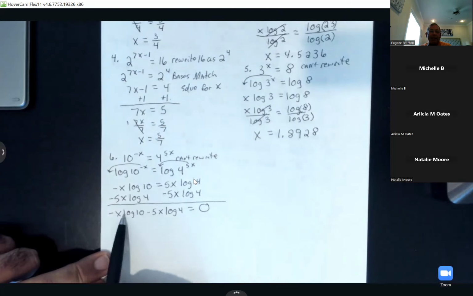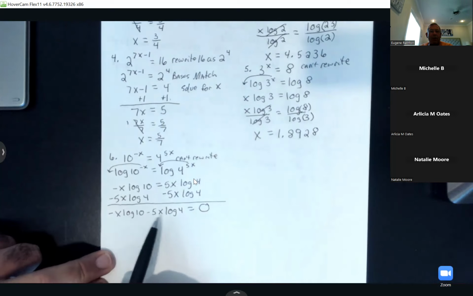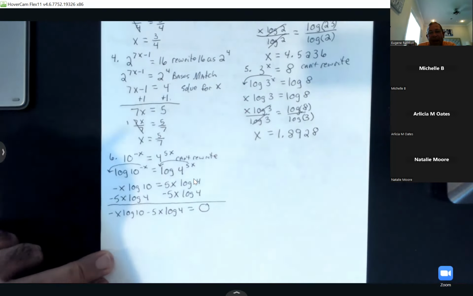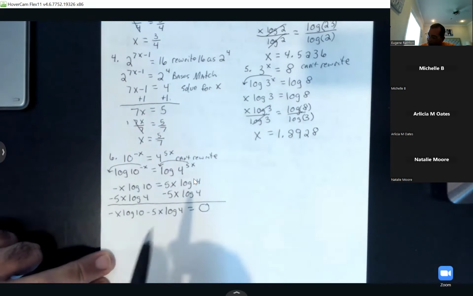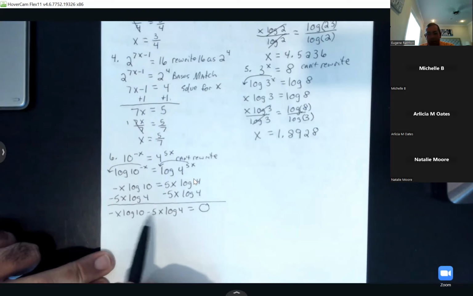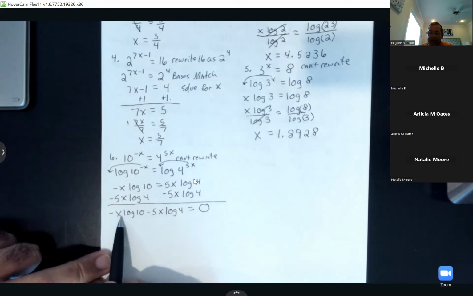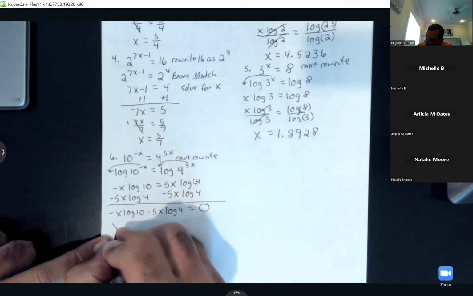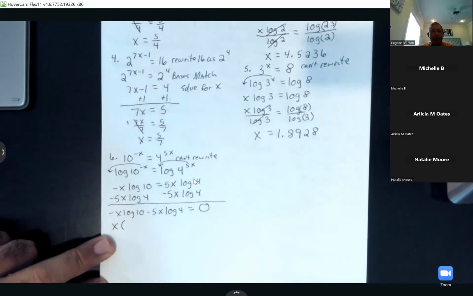I need these x's brought out. So what we're going to do at this point is factor out the x like a greatest common factor, and that's the only thing these two terms have in common. So we're going to factor out an x.